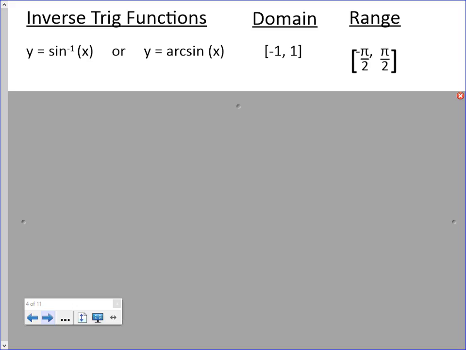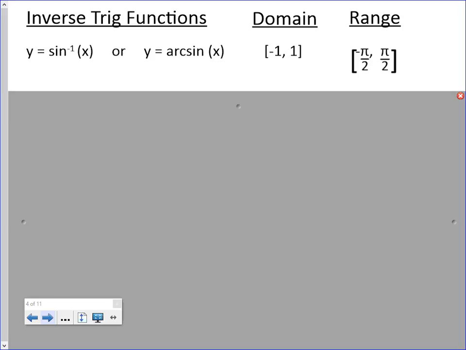Here's what you need to put down in your notes. Basically, on the left, with the inverse trig functions, I've got the two sets of notation, and this will be similar for each one. You are probably most familiar with sine with the -1. That's what's on the calculators. And I think if you did inverse trig functions at all in geometry, you would have written them that way.